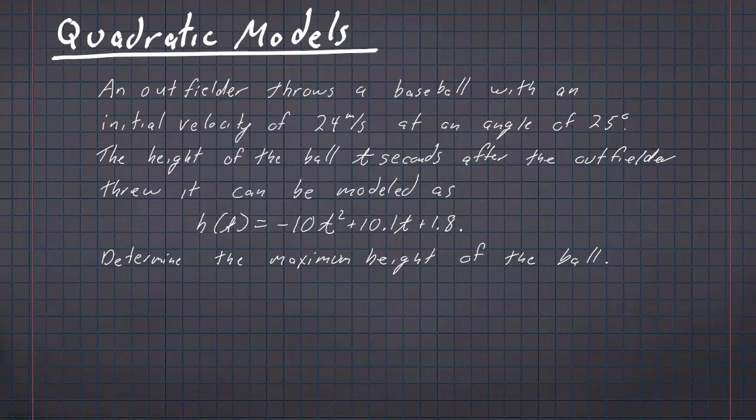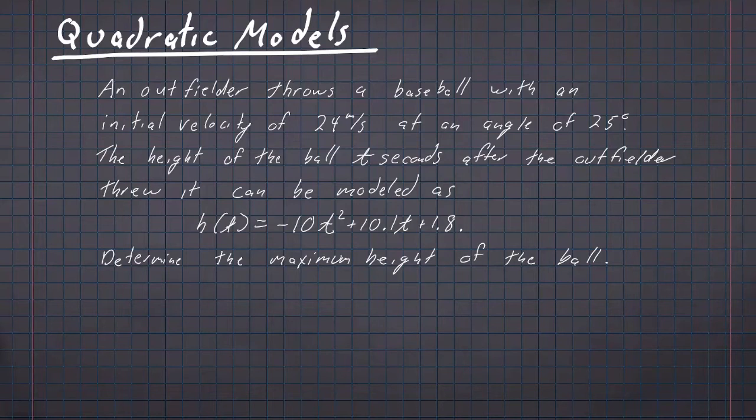The height of the ball, t seconds after the outfielder threw it, can be modeled as h of t equals -10t squared plus 10.1t plus 1.8. And we want to determine the maximum height of the ball.